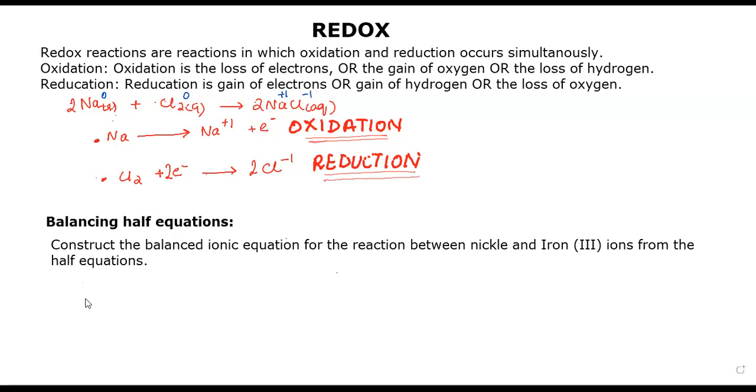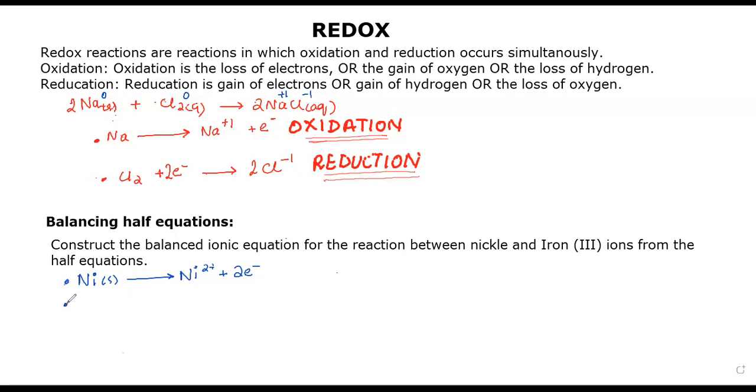Two half equations have been provided to you guys. The first equation is the equation for nickel: Ni gives Ni 2 plus plus 2e.